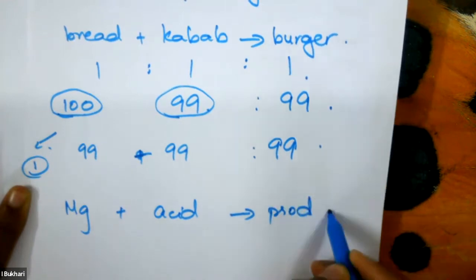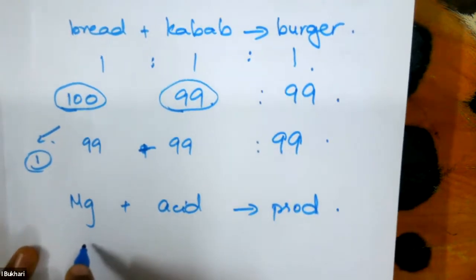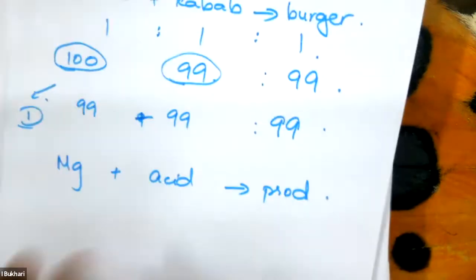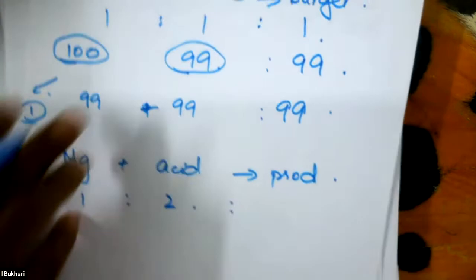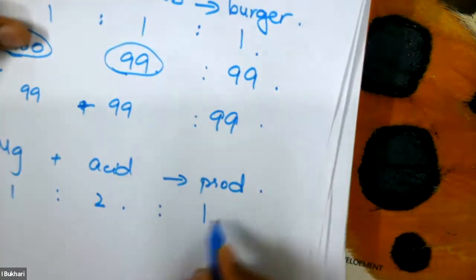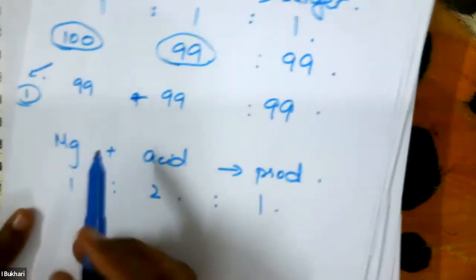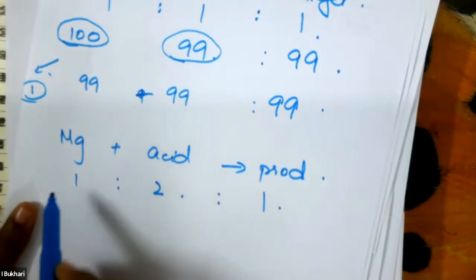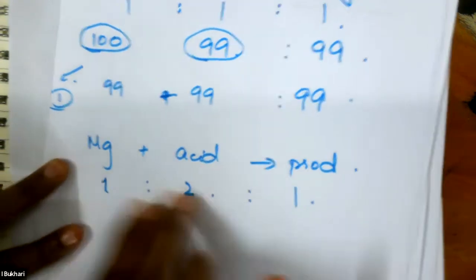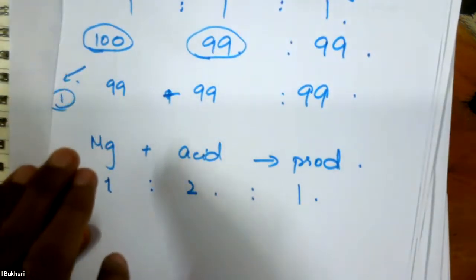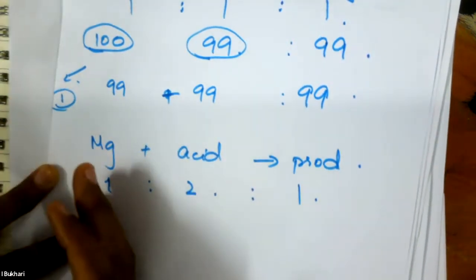And what was the ratio? 1:2, to give 1 of product. So for each 2 of acid, magnesium is more than 1, so magnesium is in excess.